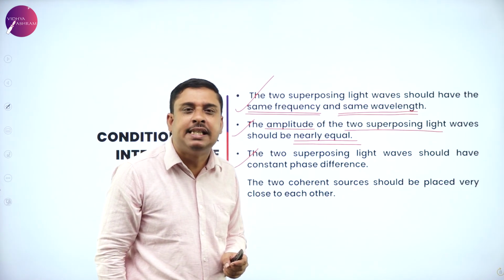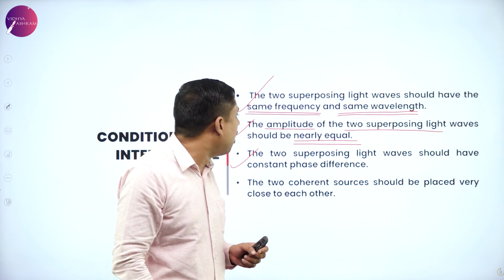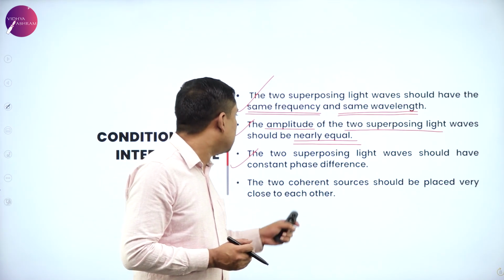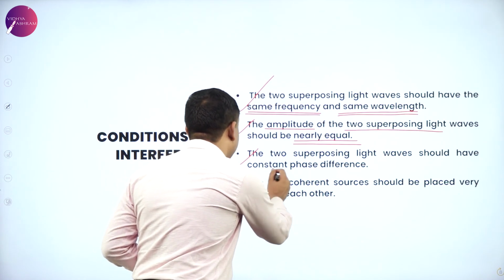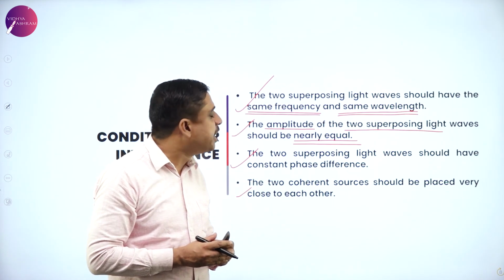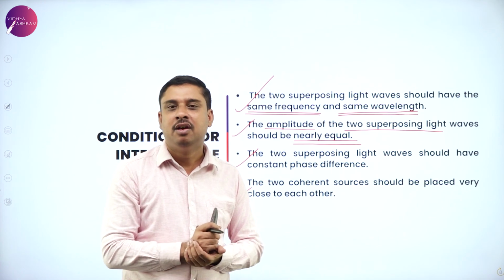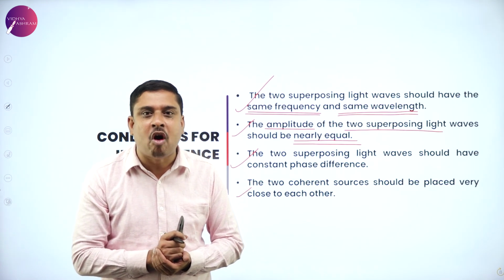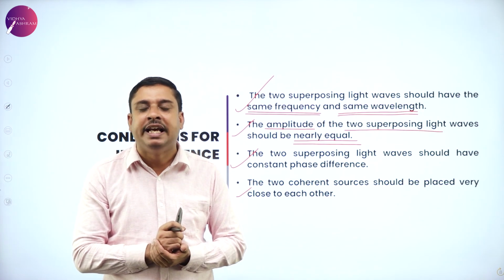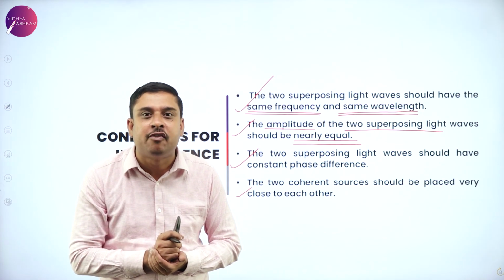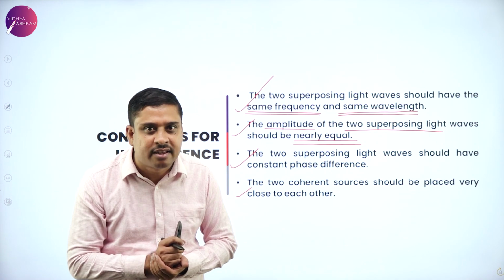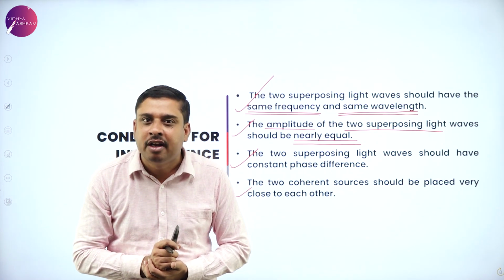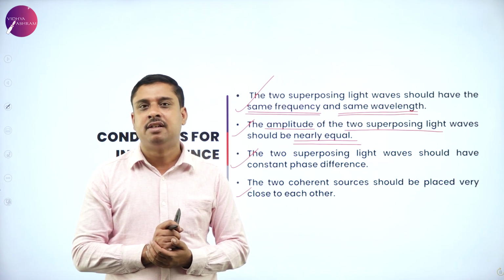The superposing light waves should be of constant phase difference, and the two coherent sources should be placed very close to each other. So in my session today, students, very importantly, we have derived an expression for fringe width, and we have understood the conditions for interference of light.